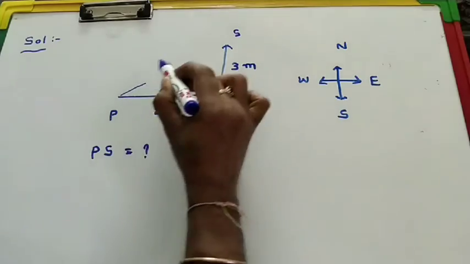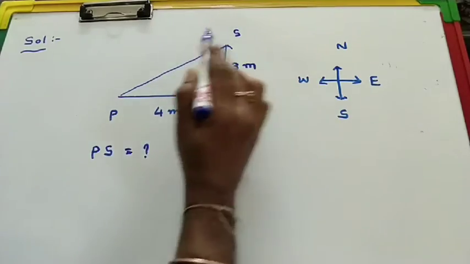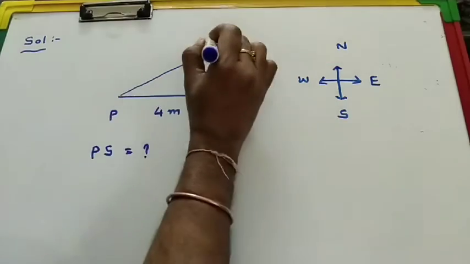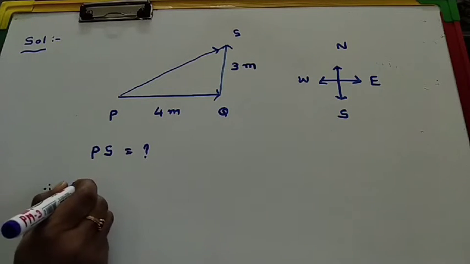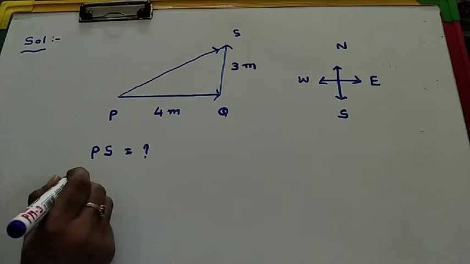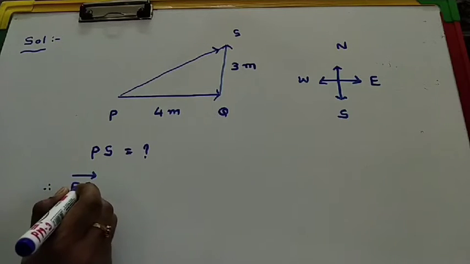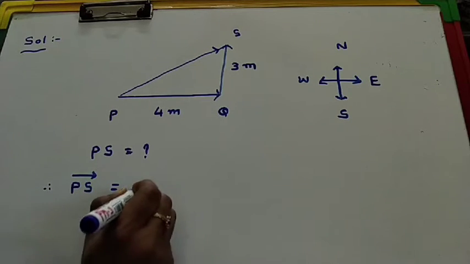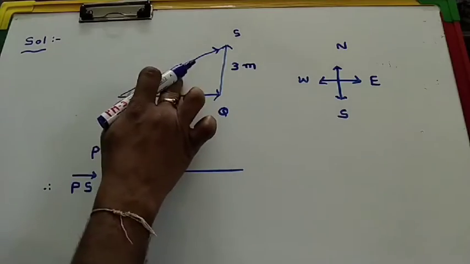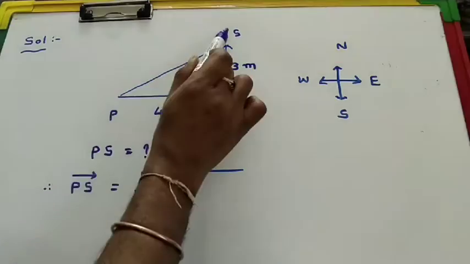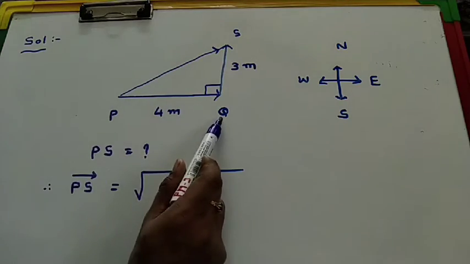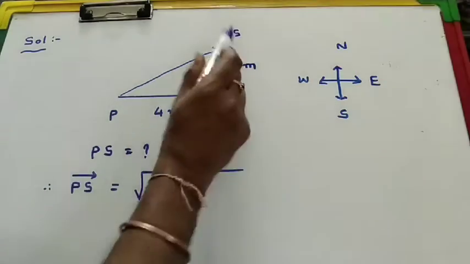Now take a vector, that is PS, in this direction. Therefore, PS vector is equal to, what is the formula? According to Pythagoras theorem, because it is 90 degrees, PS square is equal to PQ square plus QS square.